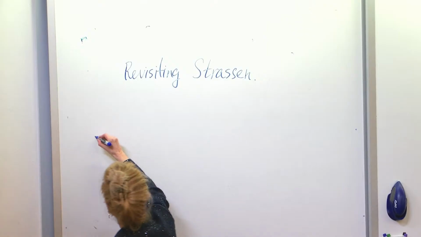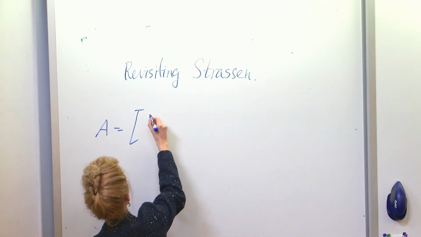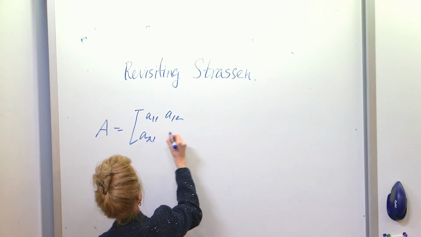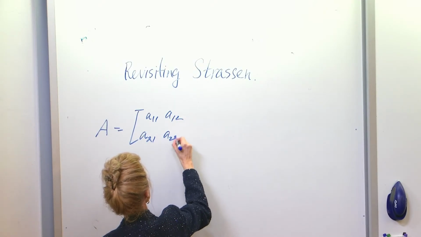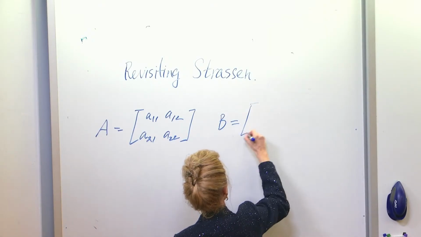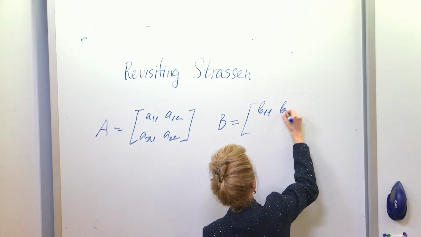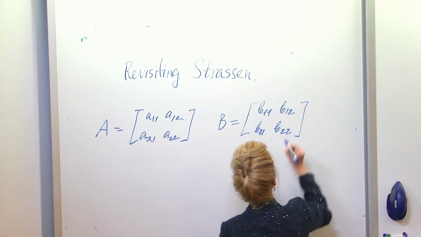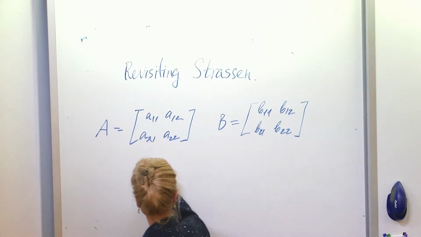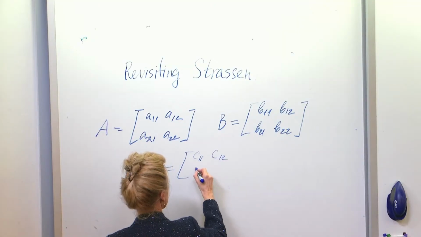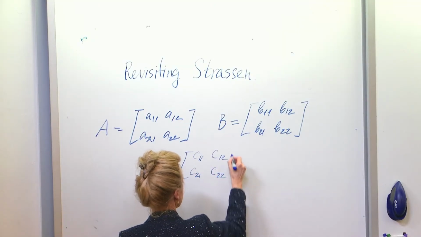So let's say we have a matrix A, which I'll write explicitly: A11, A12, A21, A22. We want to multiply it by another square 2 by 2 matrix B: B11, B12, B21, B22. And we want to get the product matrix C, which we'll write as usual: C11, C12, C21, C22.